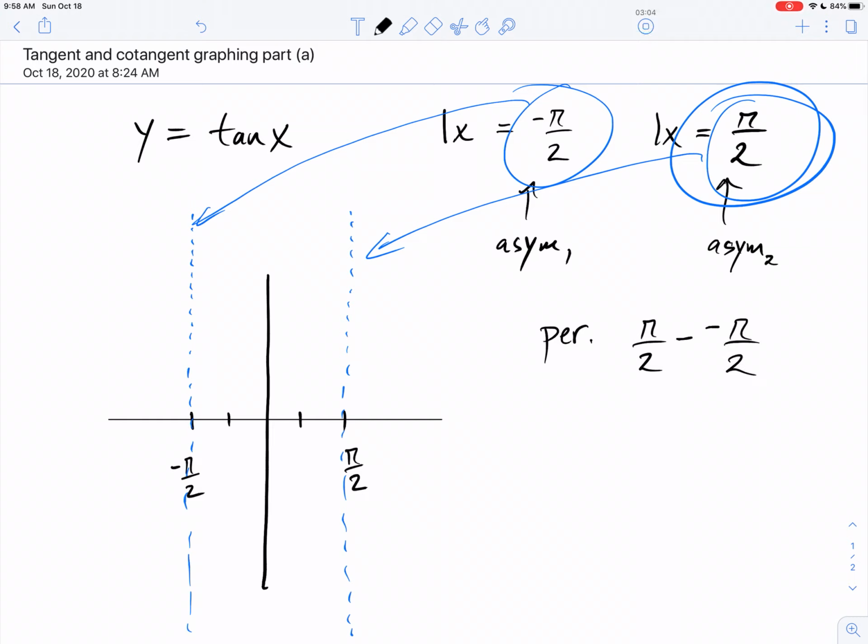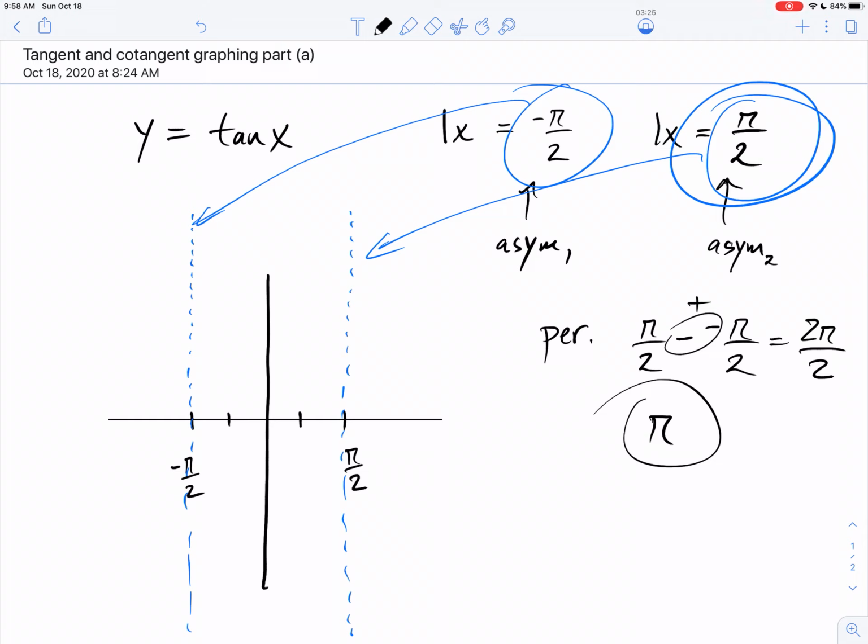A minus is a plus, so you get 2 pi halves, which is the same as pi. The distance between the 2 asymptotes is our period.